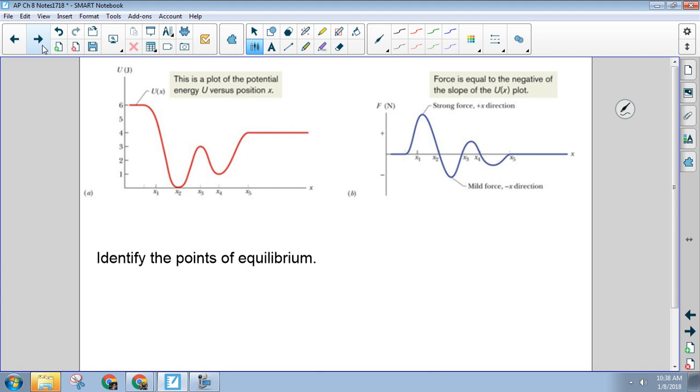All right, so what this red graph here represents is just some theoretical potential energy curve. It's obviously not for gravitational potential energy. It's obviously not for a spring. It's just for some thing. And there's our potential energy curve. So, equilibrium points. An equilibrium point is a point where your net force is 0.